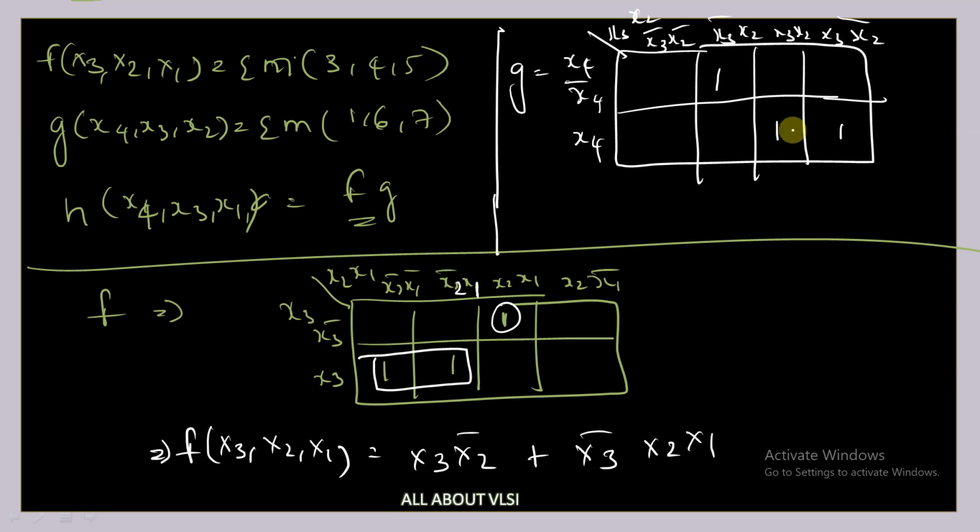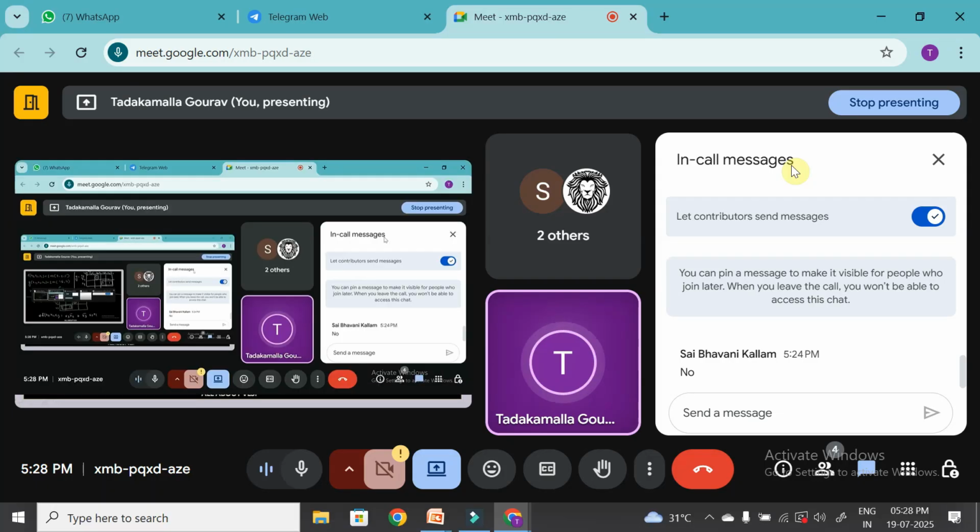I can group these two and take this one as single. So the equation for g will become x4 bar x3 bar x2 plus x4 x3. So this is my equation for f and this is my equation for g.